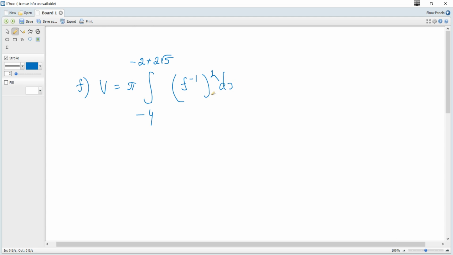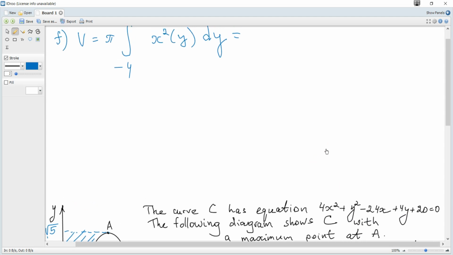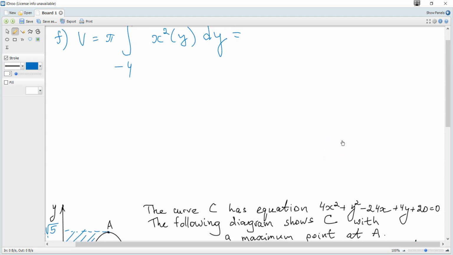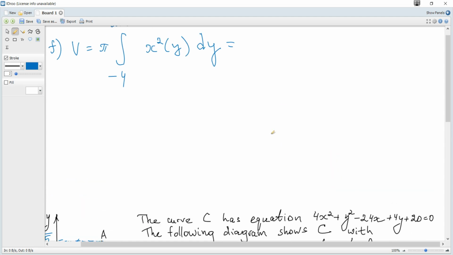This formula is given in a data booklet, or it's the same as x in terms of y squared dy, and we can solve this for x, and you can use the discriminant and solve for x.